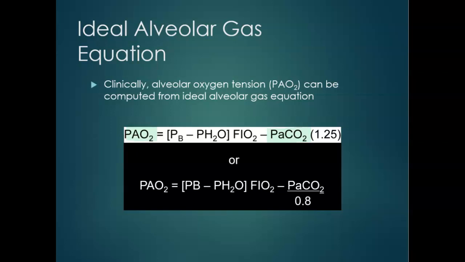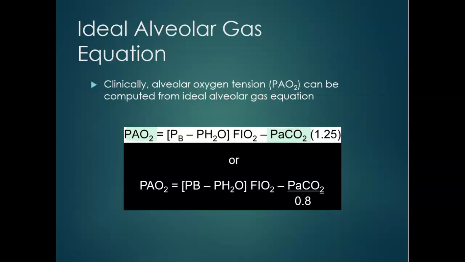All right, so to calculate this, we're looking at the barometric pressure minus the partial pressure of water, multiplied by the FiO2, the concentration of oxygen, and then we have to subtract the partial pressure of carbon dioxide. Okay, so this is one of your worksheet questions.